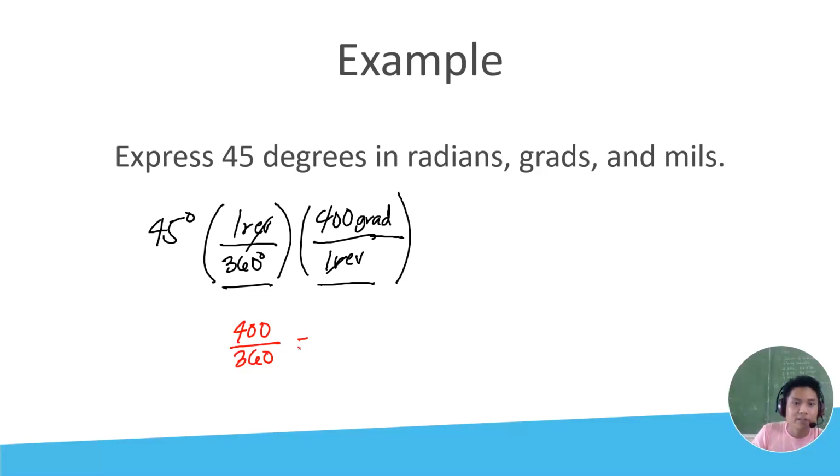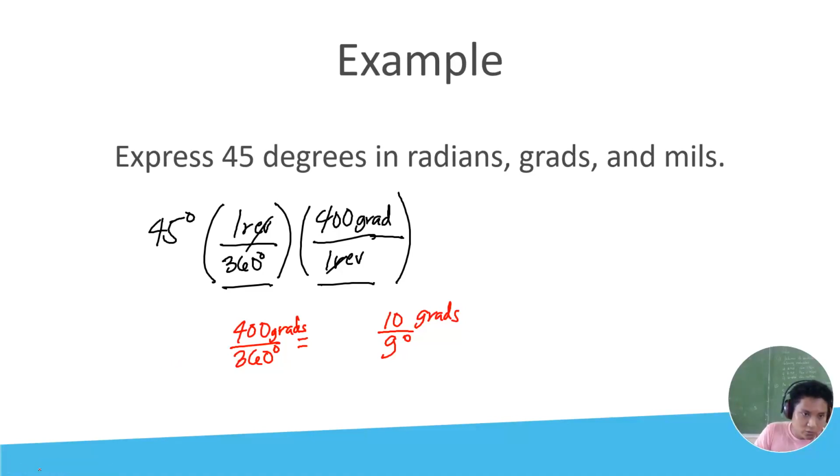Simplify, we have 10 over 9 grads per degree, which means that for every 10 gradients we have an equivalent of 9 degrees.